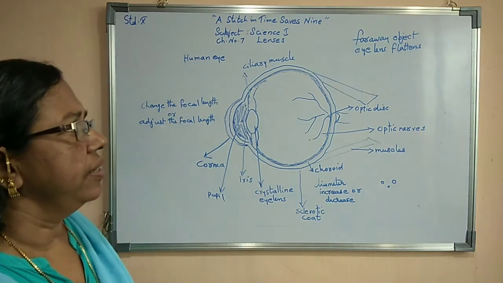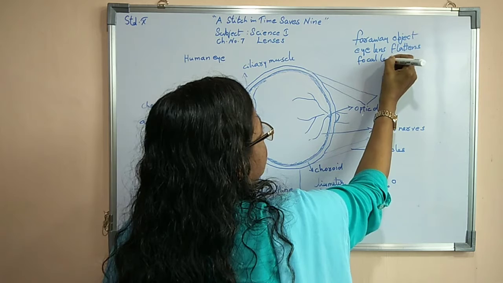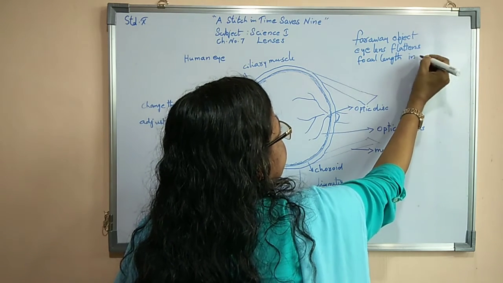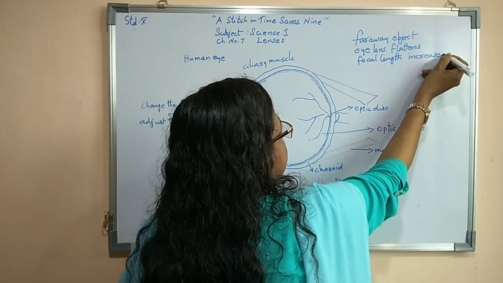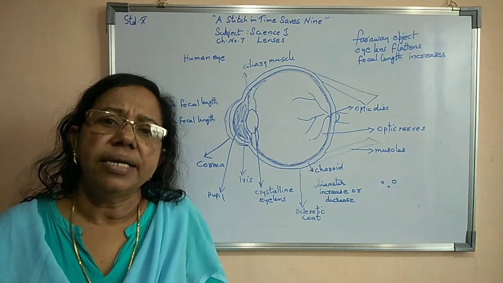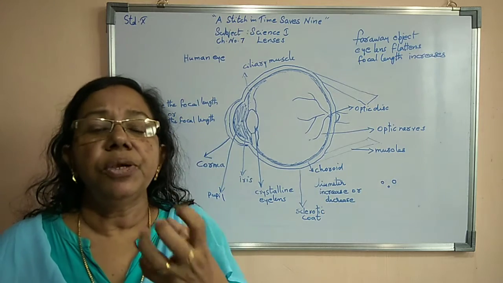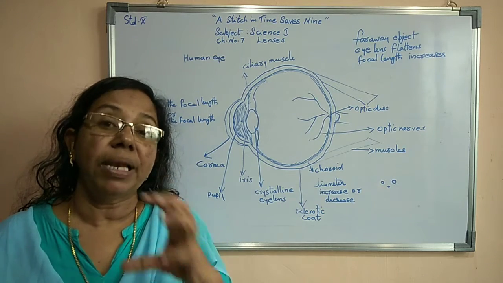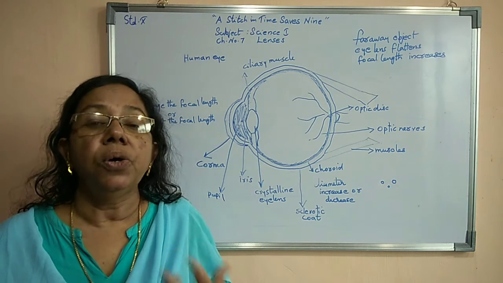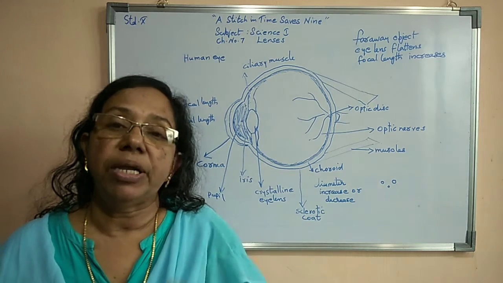As a result of it, the focal length of the eye lens increases. As a result of it, the normal human eye can see the far away object. When a normal human eye is there, it means no defect is there, no problems are there. No far away object seeing problem, or no nearby object seeing problem.